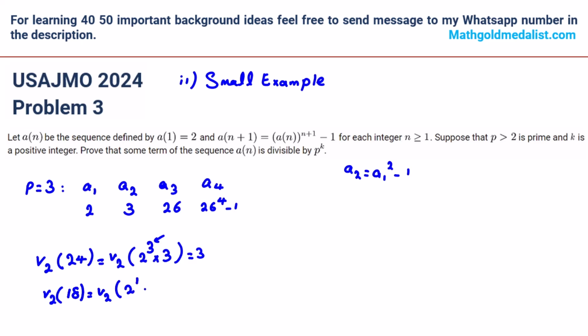If you prime factorize, it's 2 to the 1 times 3 squared. Power of 2 is 1. So V2 of 16 is what? 16 is 2 to the 4, so it is 4. Okay, V2 of 5 is what? Is 0, because the power of 2 is 0. V3 of 18 is what? Is 2, because 3 squared, and so on.